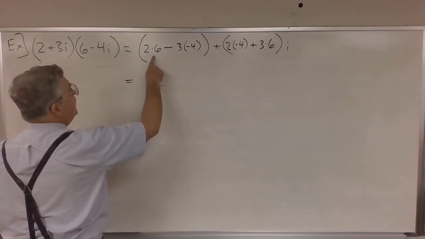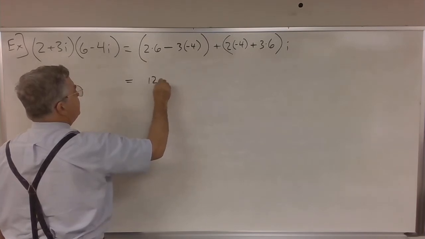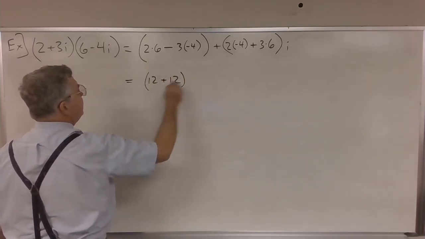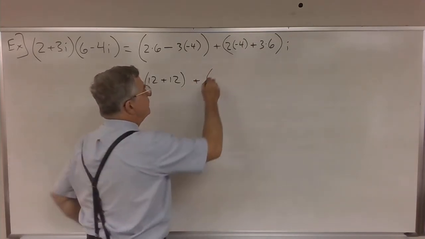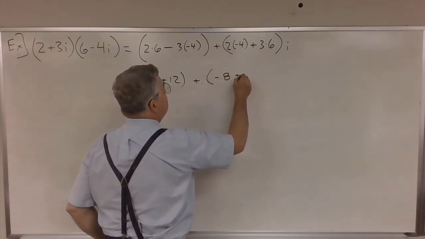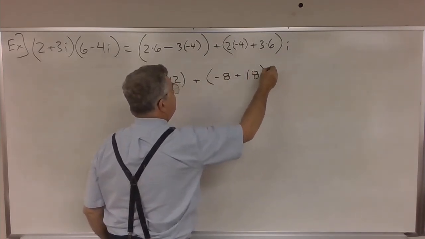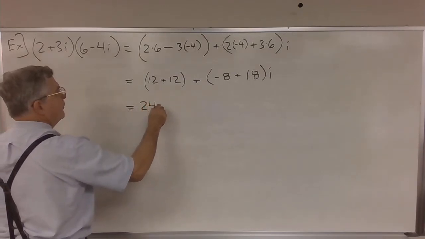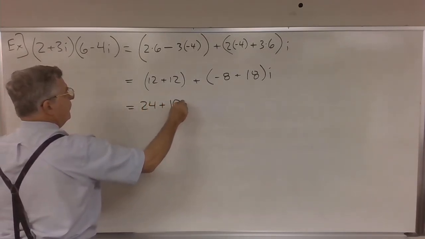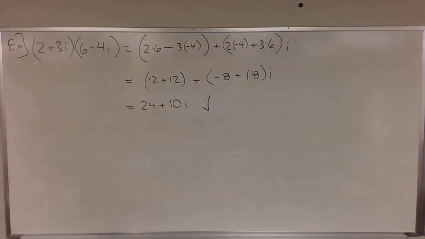So let's see, 12 minus a -12. And we have -8 plus 18i. There we go.